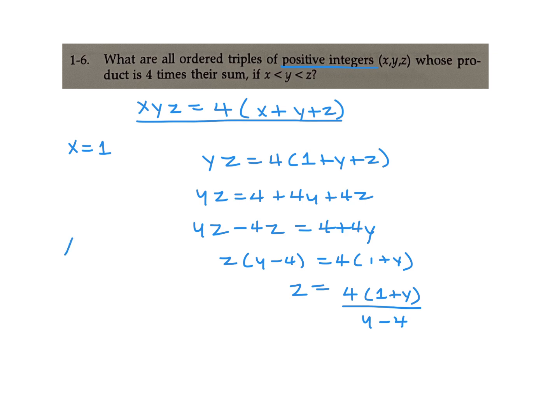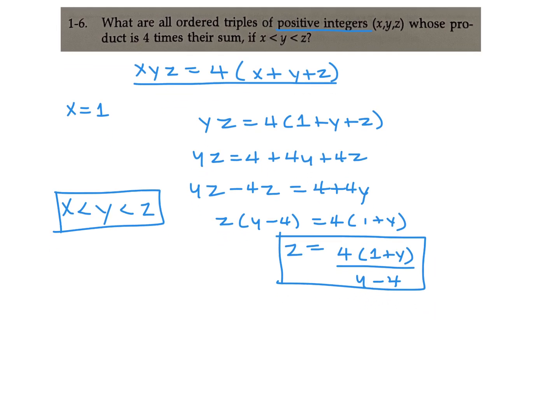And then keep in mind x is less than y, sorry, that's what I meant to say. That's very important. Okay, so we could work with this. And x is 1, that's been established.